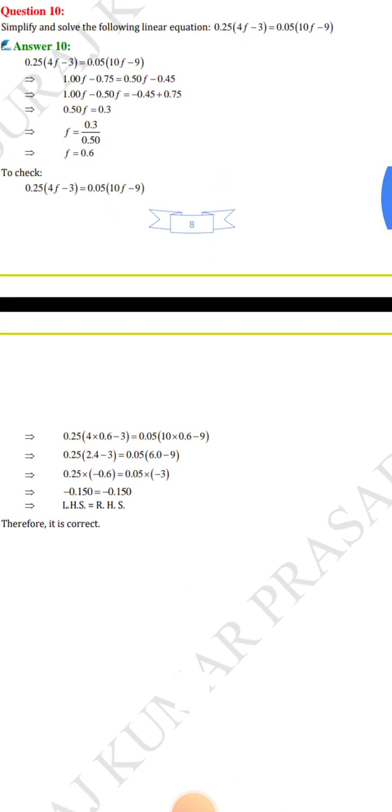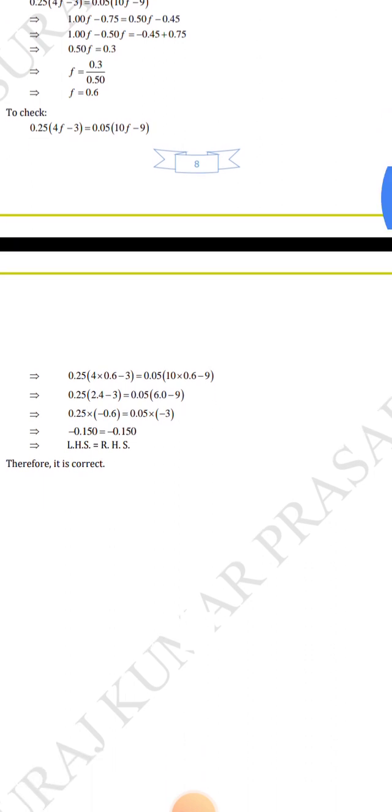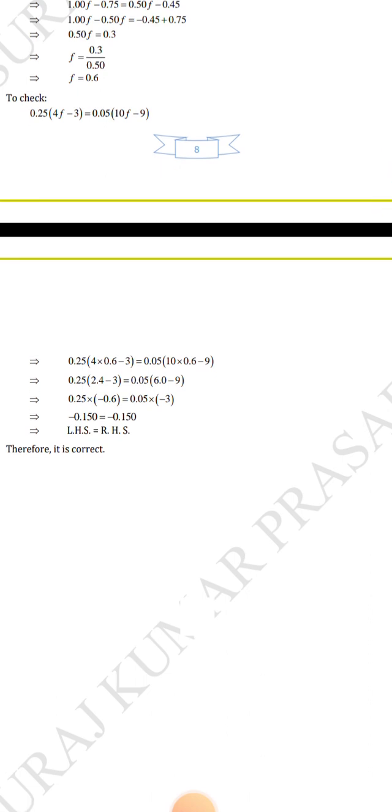To check, 0.25 of 4f minus 3 equals 0.05 of 10f minus 9. Then we get 0.25 of 4 into 0.6 minus 3 equals 0.05 of 10 into 0.6 minus 9. Then we get 0.25 of 2.4 minus 3, and 0.05 of 6.0 minus 9.